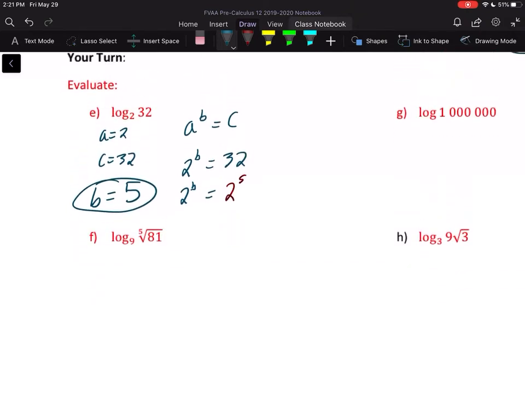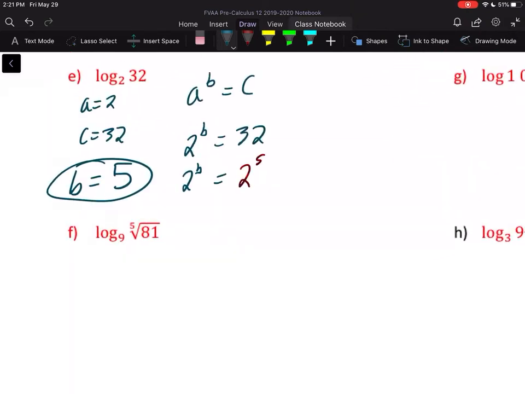Let's try this one here. A is equal to 9, c is equal to 5th root of 81. So again, if this is still true, then it's 9 to the b is equal to the 5th root of 81. And then I'll work on my substitutions here.